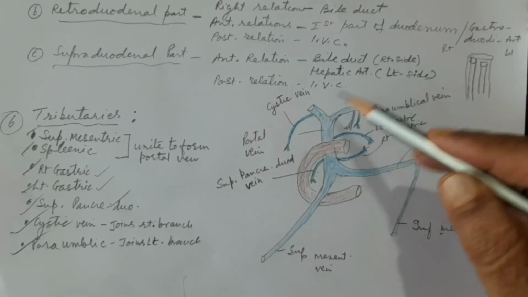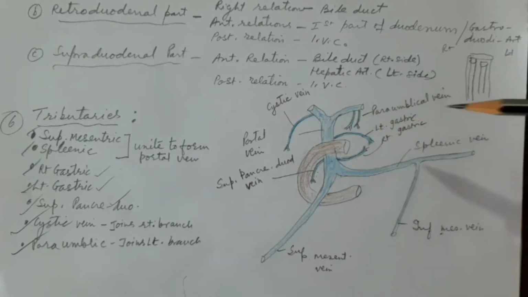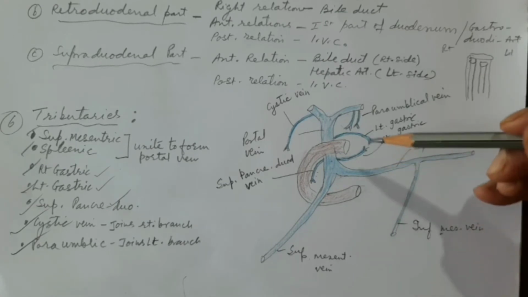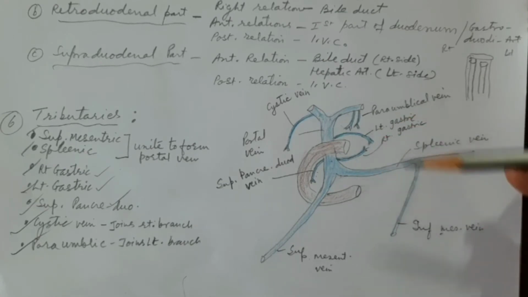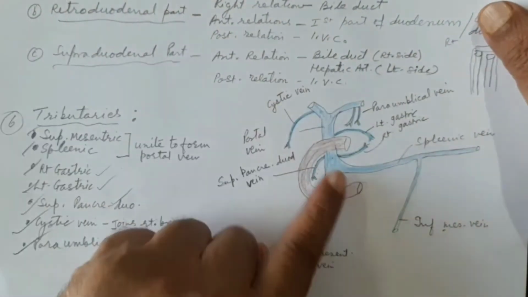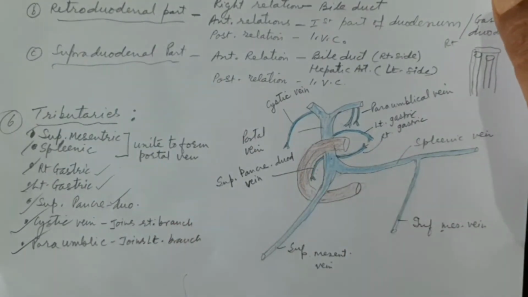So these are the tributaries. Thus we see that the blood comes to the portal vein from the gastrointestinal tract, right from the stomach, duodenum, jejunum, ileum, colon, and all types of colon, right up to the anal canal. The blood is brought to the portal vein.